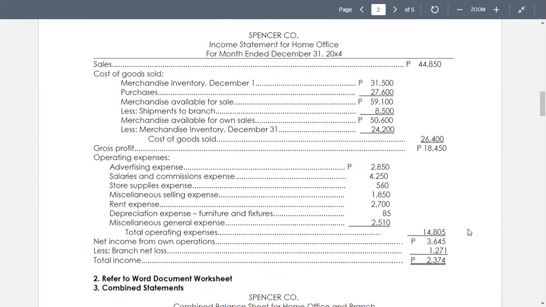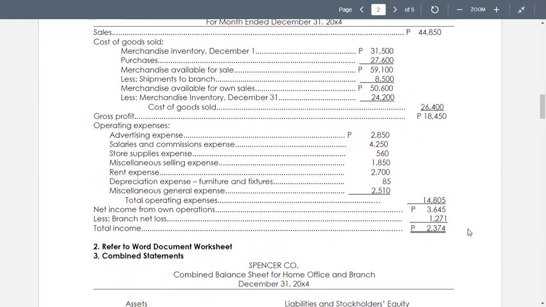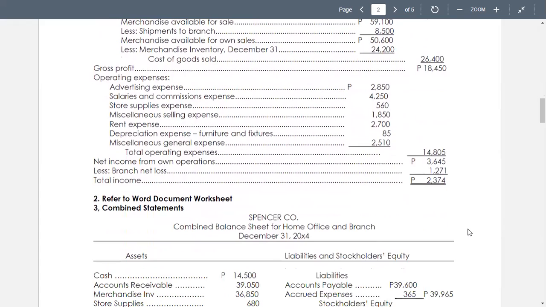You have the list. Okay, so we have to include rent, depreciation, miscellaneous general. After, if there are corrections. So your last amount in the individual income statement of the home office is the combined total income.